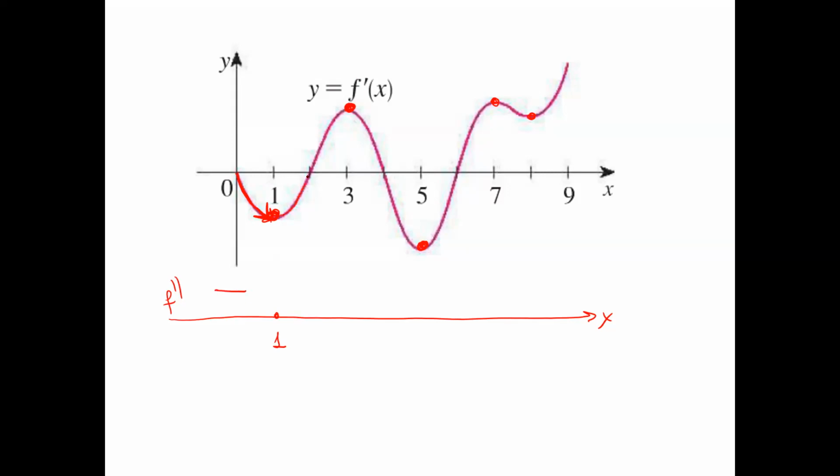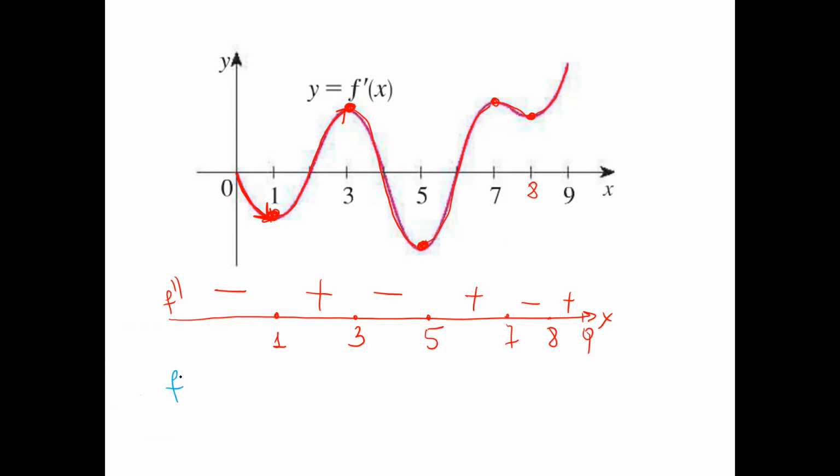Now, if the curve is increasing, then its derivative, which is the second derivative, is positive. And the same: decreasing, negative, increasing, positive, and then decreasing, negative, and increasing, positive. Okay, we managed to get the sign of the second derivative.